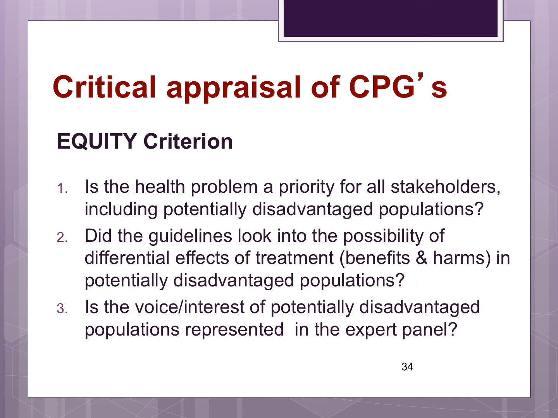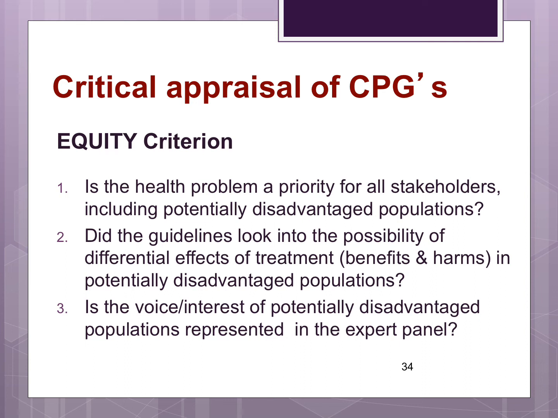A practice guideline is not that effective if it's not able to address the issues of different kinds of patients who might have problems with access to the intervention, whether by geography or because of their financial limitations. So just to address this: is the health problem a priority for all stakeholders, including potentially disadvantaged populations?